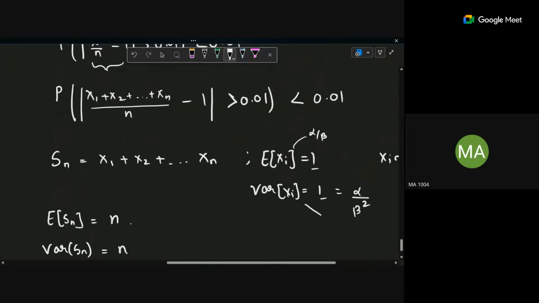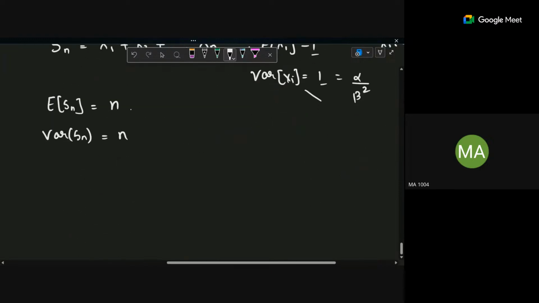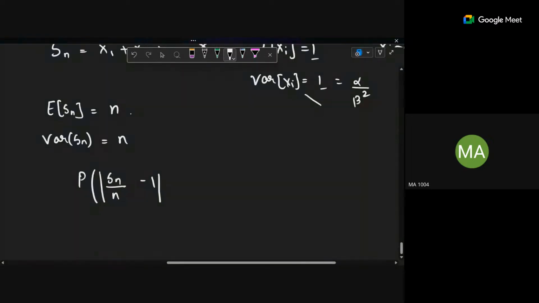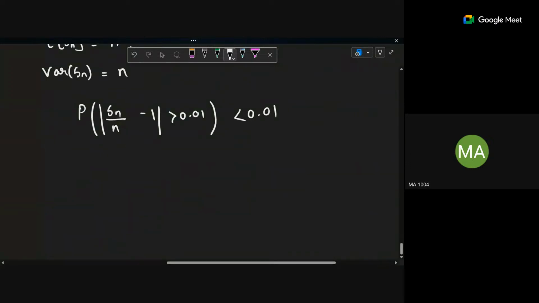So I will replace all these things here. My next term will be: probability that |Sn by n minus 1| is greater than 0.01 is strictly less than 0.01. Fine. So how to rearrange it?